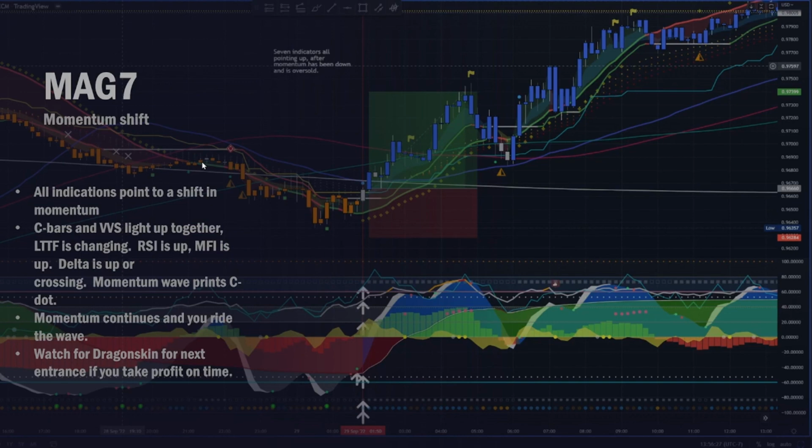When everything's already overbought and you have one of these blue dots print, everything's pointing up. That's what that blue dot's telling you. That's the only thing. It's not a complex AI. It's just telling you that all of these are pointing up.